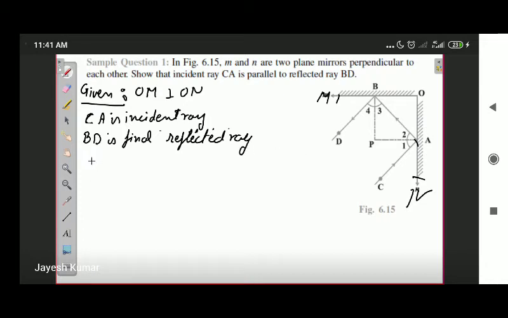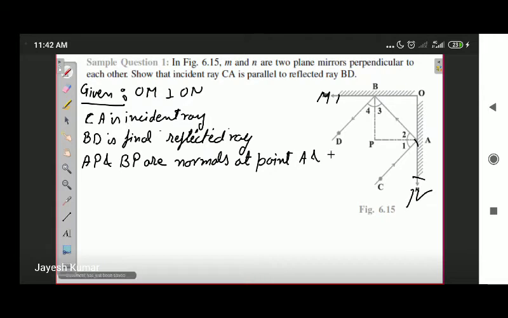And BP is normal at point B. AP and BP are normals at points A and B respectively. Okay. We don't have to do construction here because construction is already given in the figure.